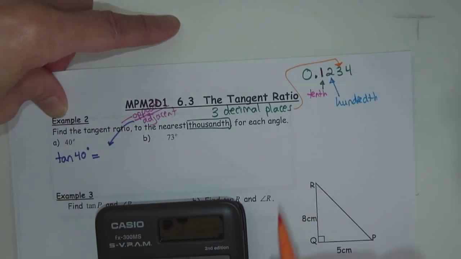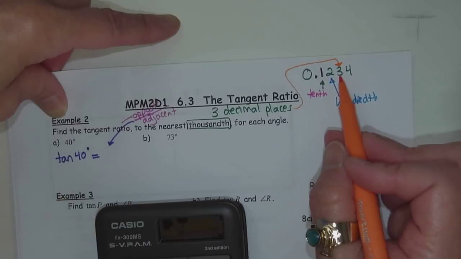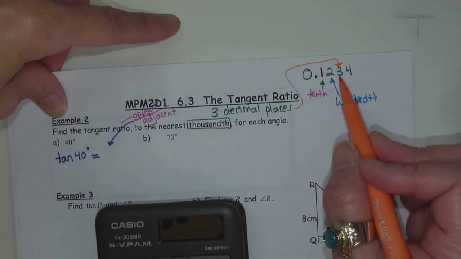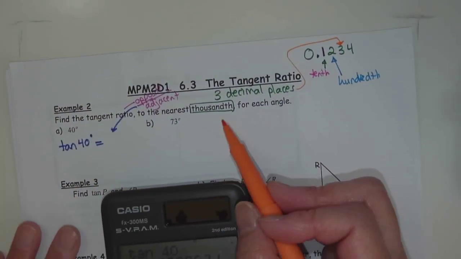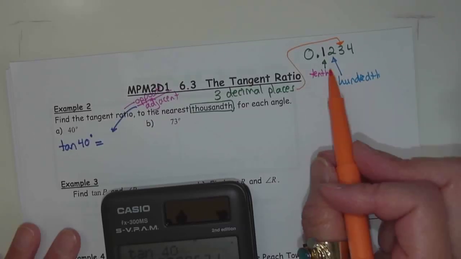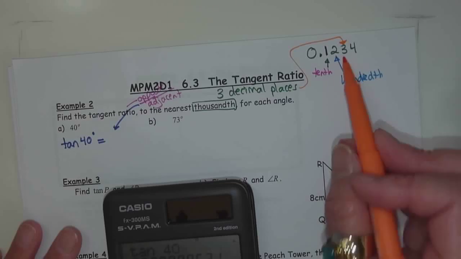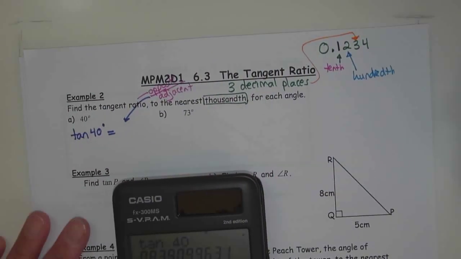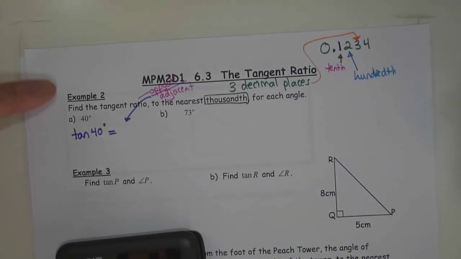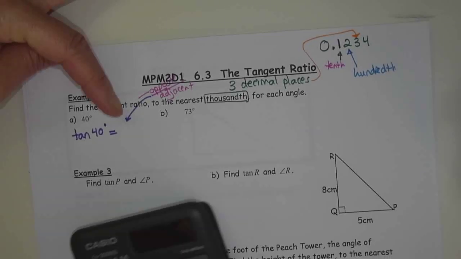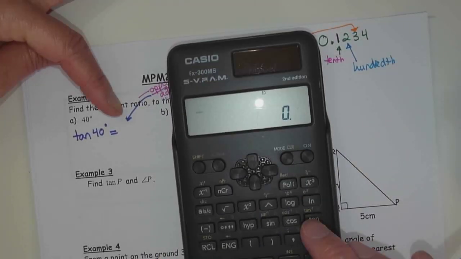Tenth, hundredth, thousandth. TH means decimal place, right? So tenth, hundredth, which is 2, thousandth, which is the third. So 3 decimal places. So you're just going to press tan of 40 equals.